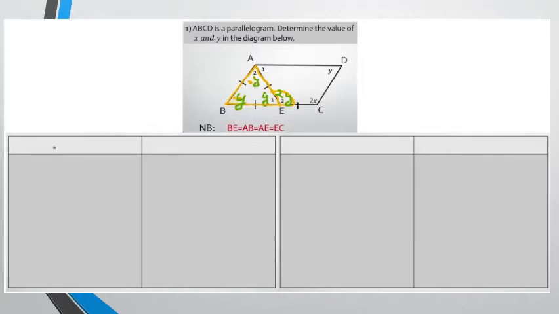Now let's start. I know quite a lot about my sketch now. So let's start with statement and reason.